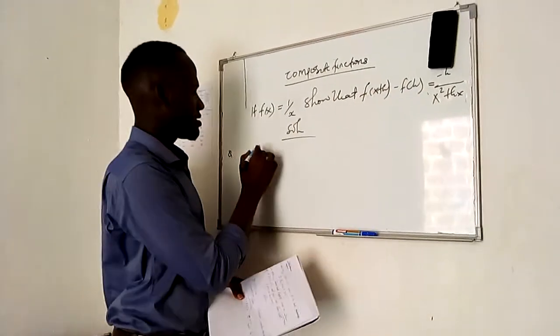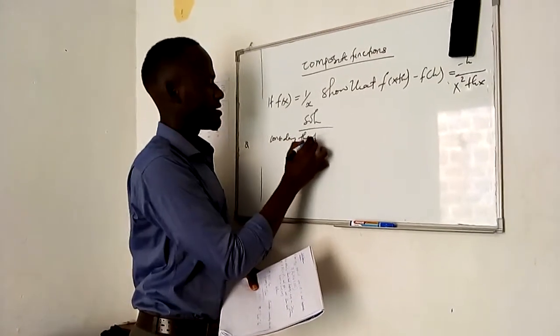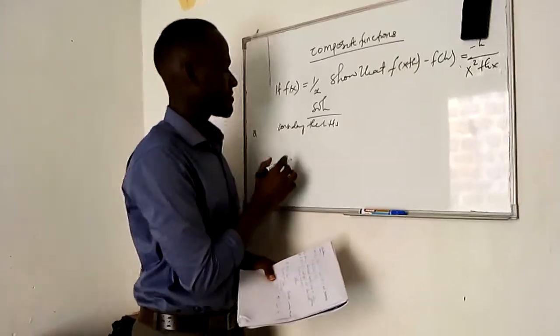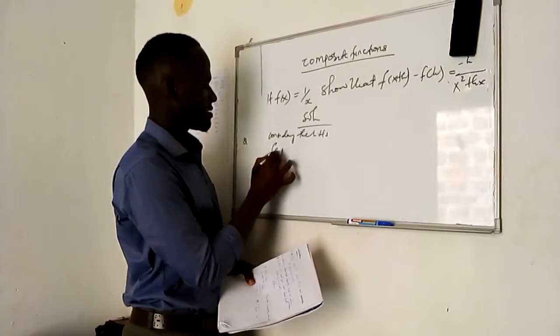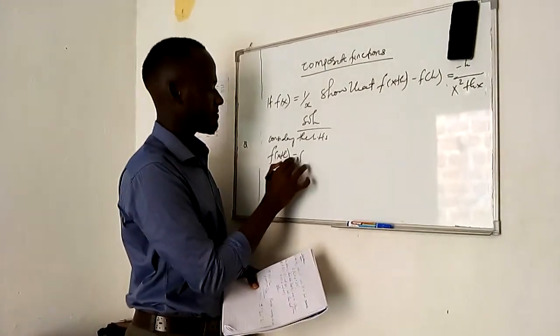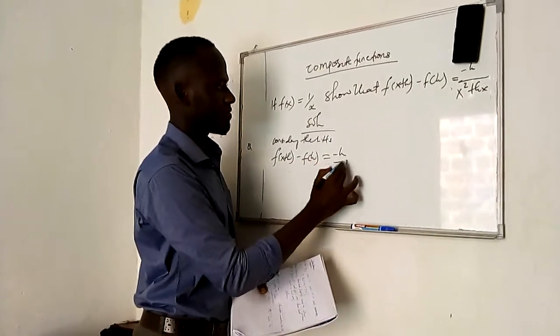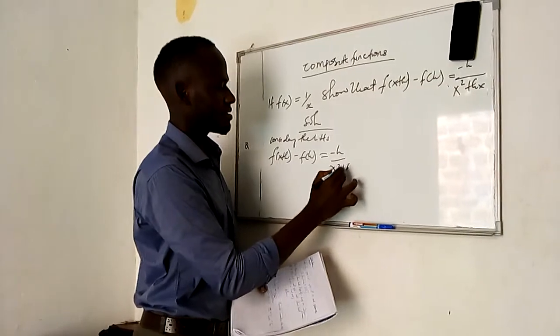So you say, considering the left hand side, our left hand side is given by f(x plus h) minus f(x). They want you to show that it is equal to minus h over x squared plus hx.